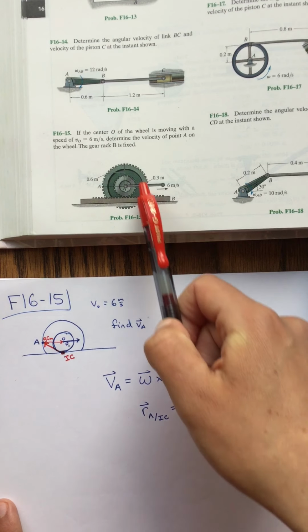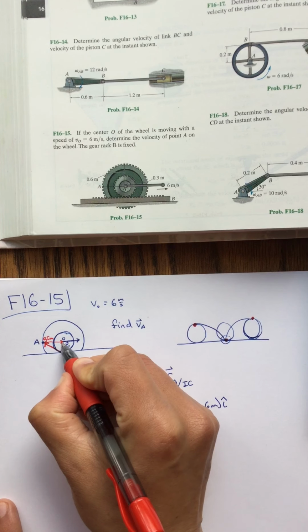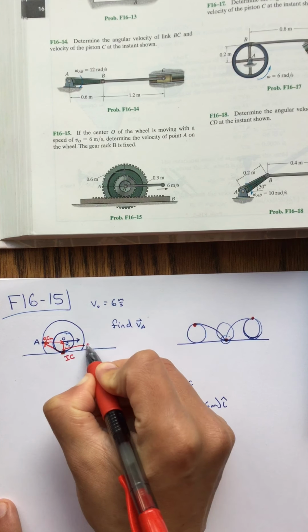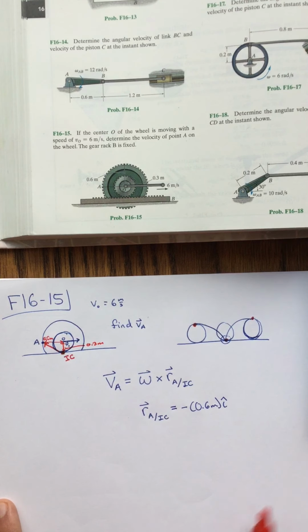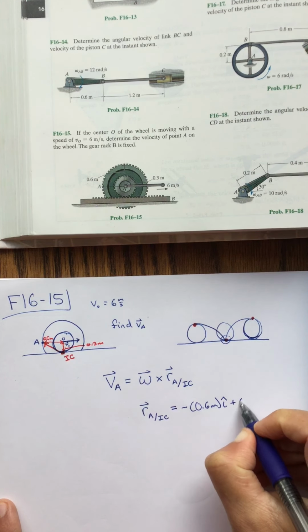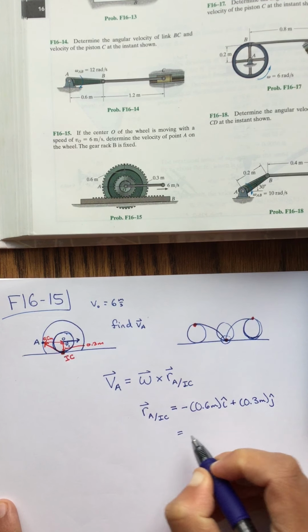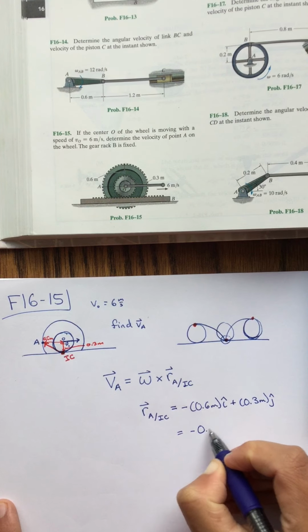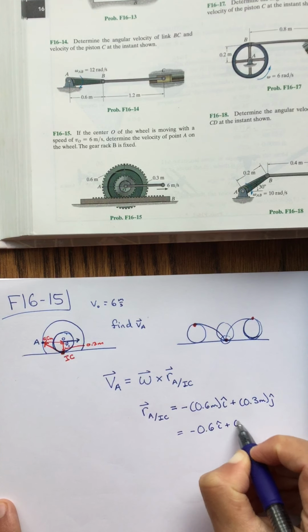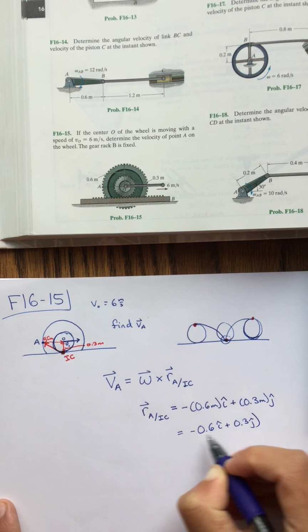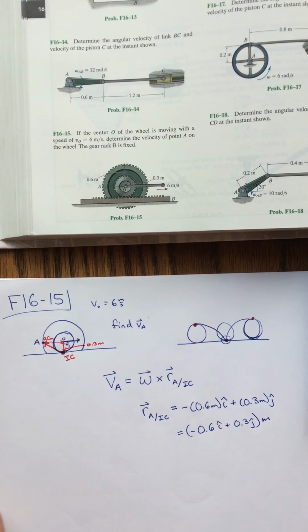And then the inner radius is 0.3, so from here to here, that's 0.3 meters. That's going up, so that's positive 0.3 meters in the j hat direction, or we could say minus 0.6 I hat plus 0.3 j hat meters.